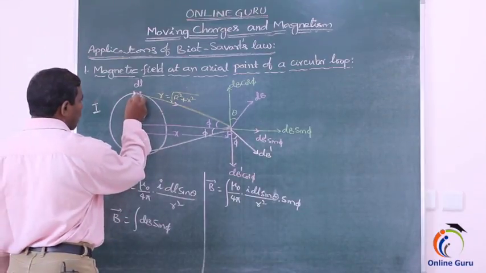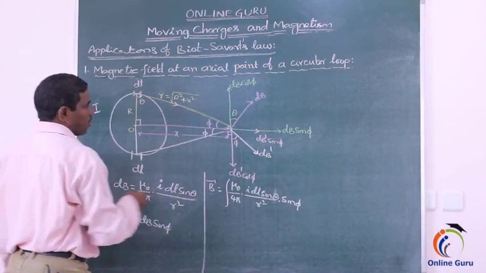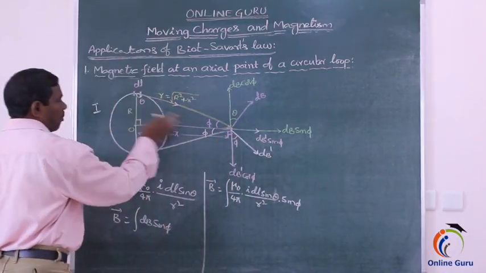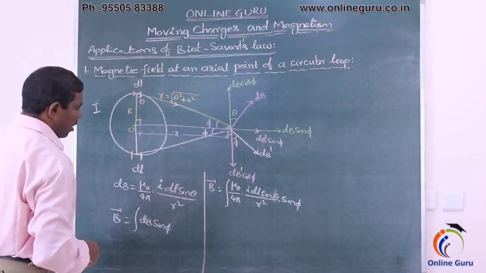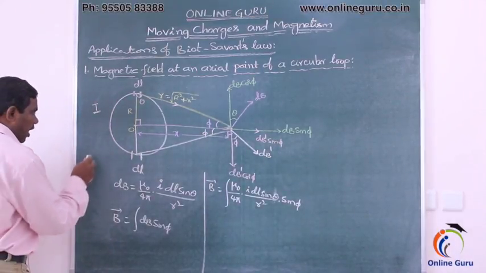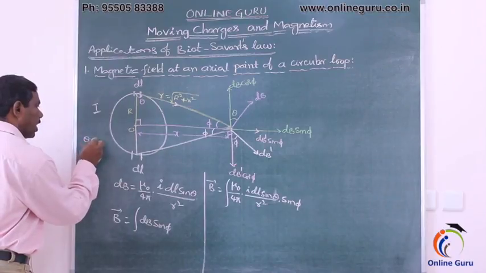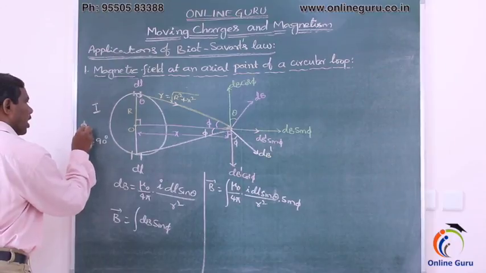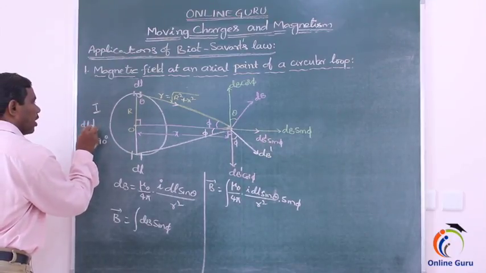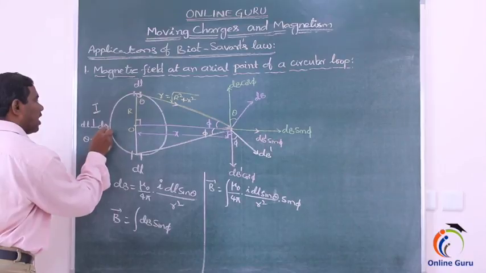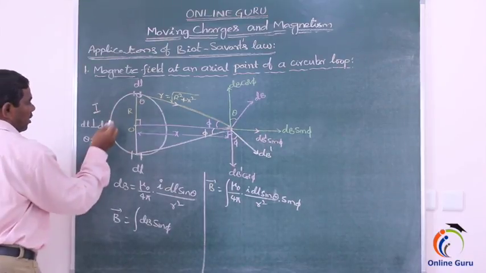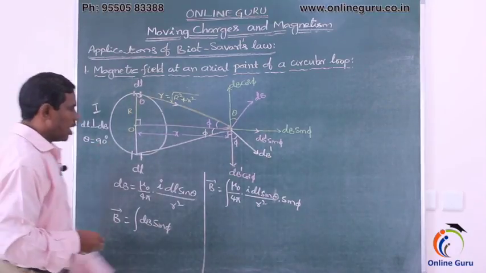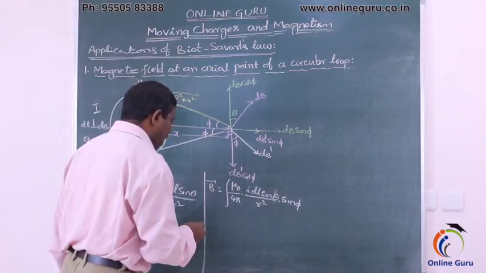Here we can observe the current element dl and the line joining the point P, along which dB is measured, are perpendicular to each other. When those are perpendicular to each other, the angle between them, theta, is equal to 90 degrees. Then substitute theta as 90 degrees.